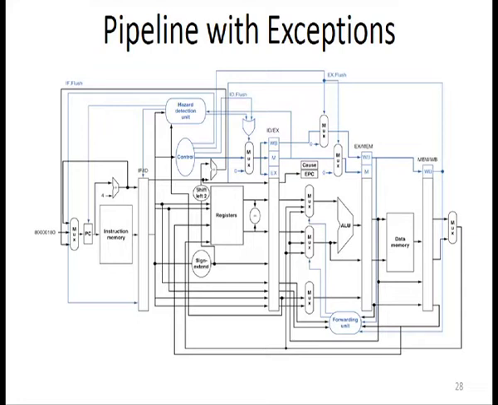So, now we also have this feature added to the program counter's input multiplexer. Apart from this, all the associated control signals which will allow you to write into the EPC register and into the cause register go without saying. You will have to look at all those control signals also.